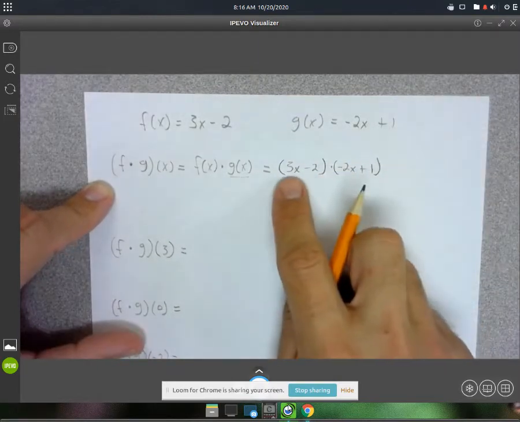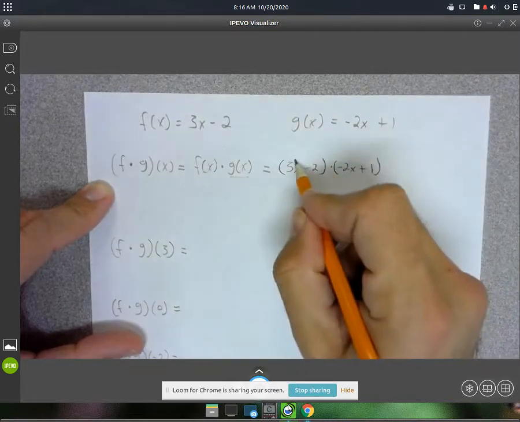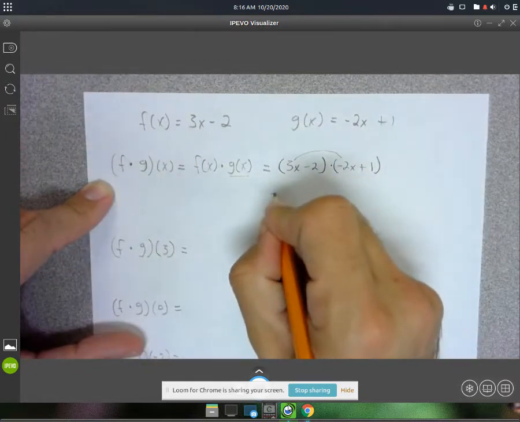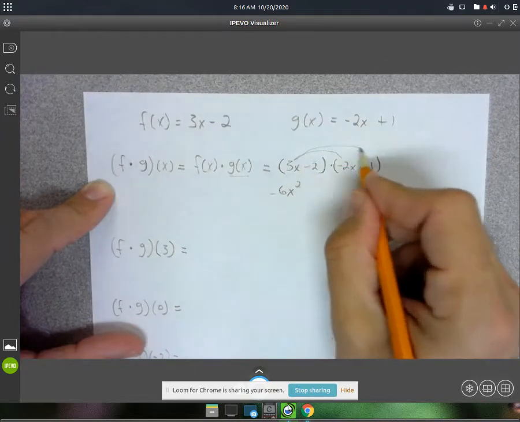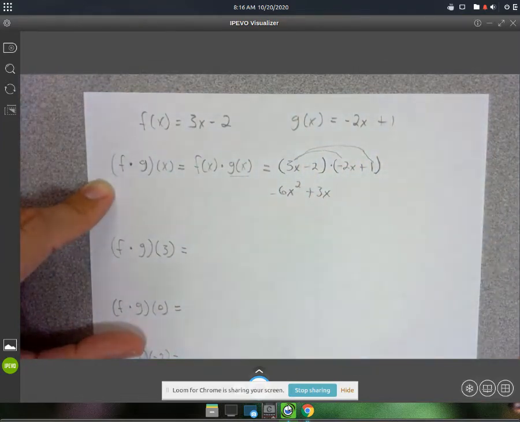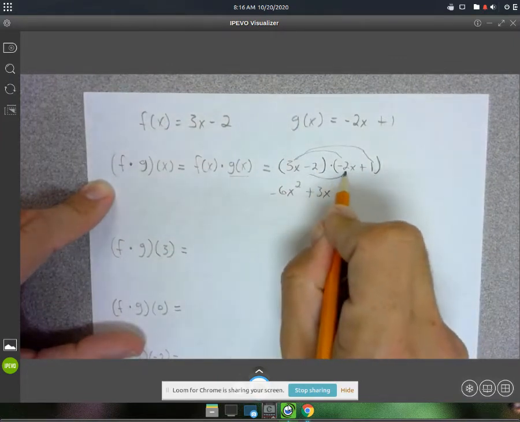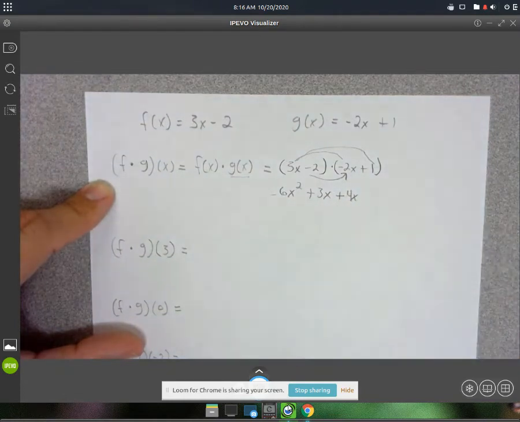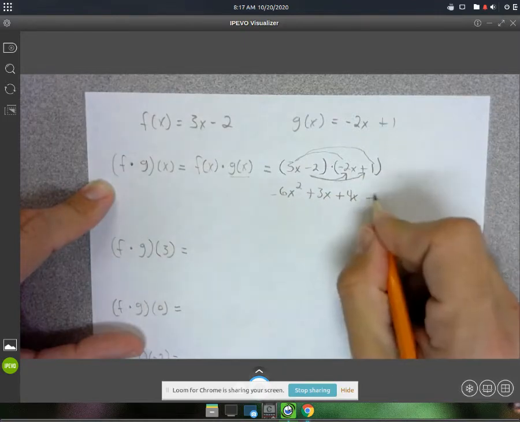So this is going to be the double distributive property where we do 3x times negative 2x, and that's negative 6x squared, and then 3x times 1, which is 3x, and then we're going to do the negative 2 times both of them. So negative 2 times negative 2x is 4x, and then negative 2 times 1 is negative 2.